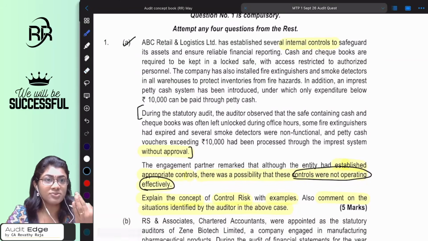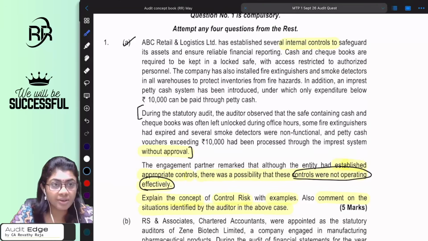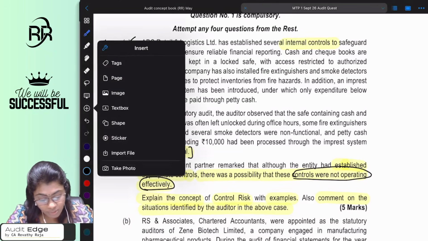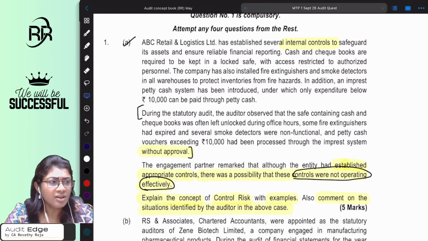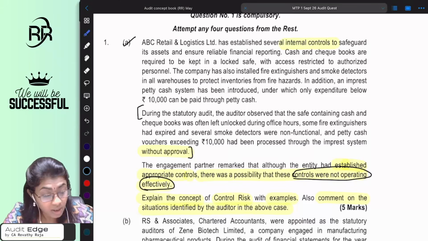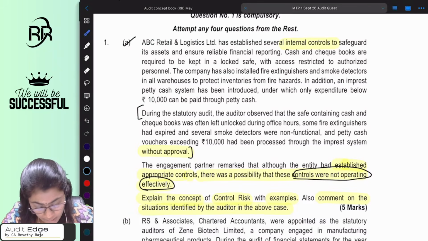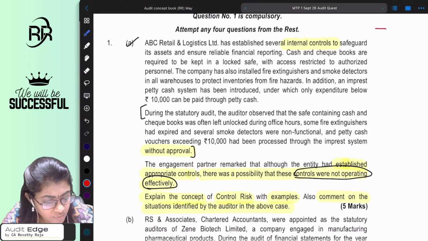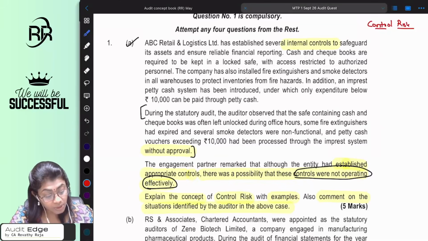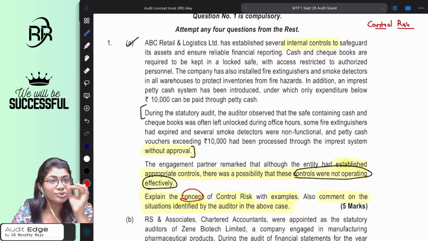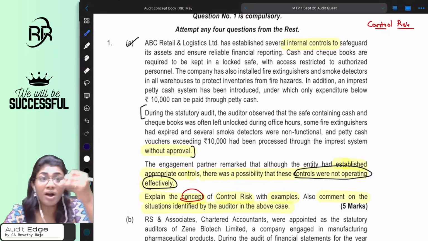You know, risk has three components: IR, CR, DR, inherent risk, control risk, and detection risk. Here they have asked you to explain only control risk. So let's start. How will you present? So put a heading. Heading is only for the presentation purpose. So put a heading control risk. Okay, so they have asked you the concept of control risk. So first explain the concept. How will you start?